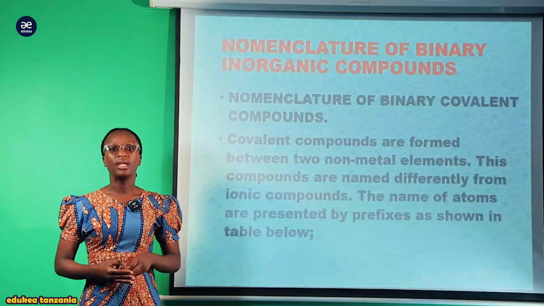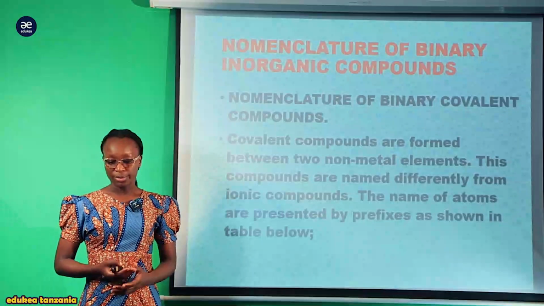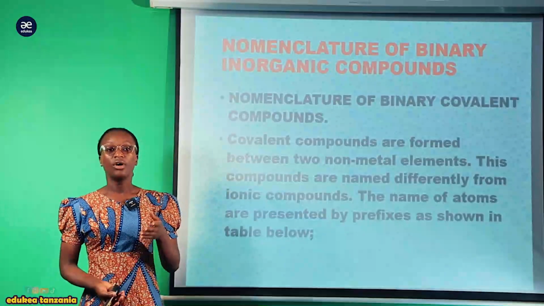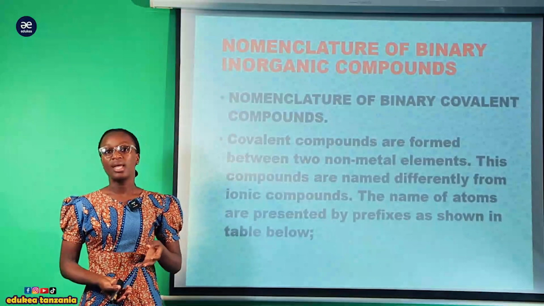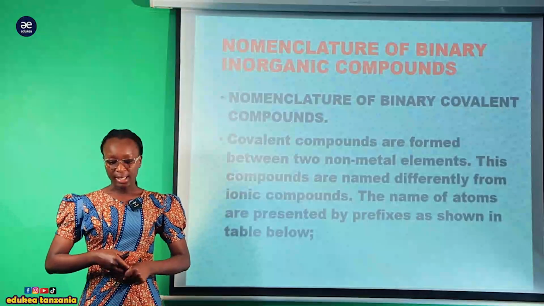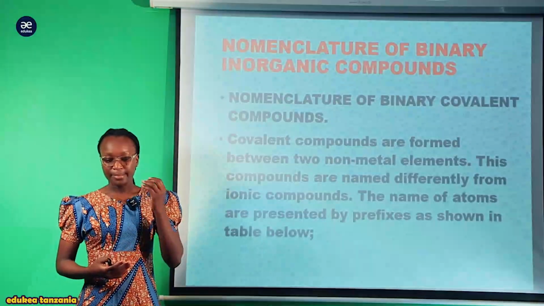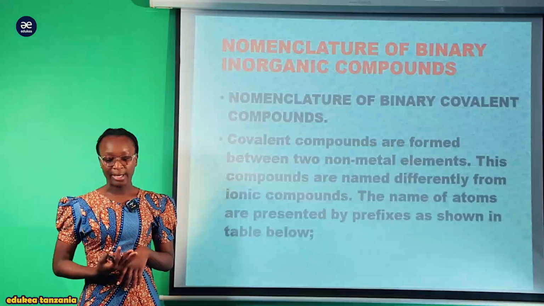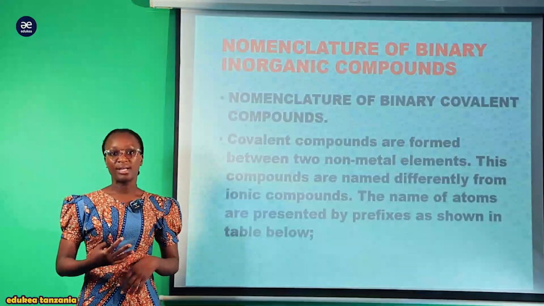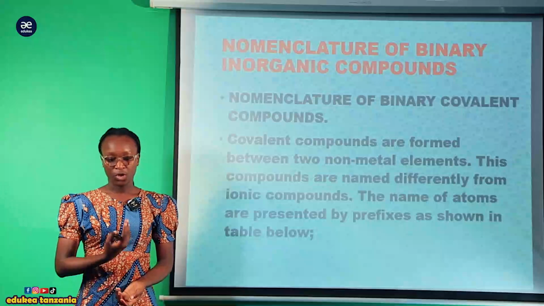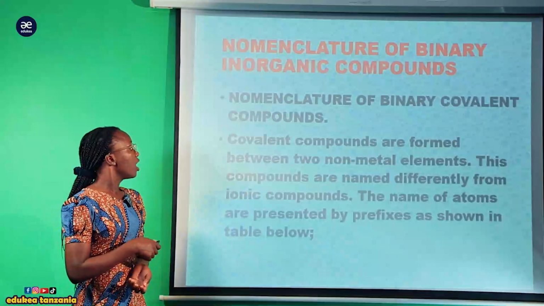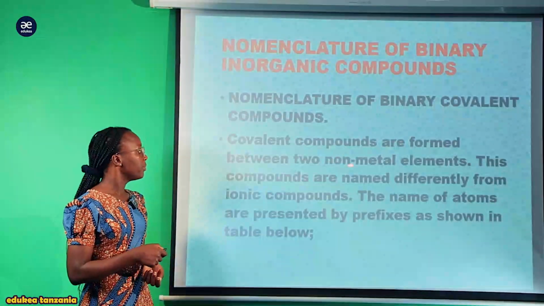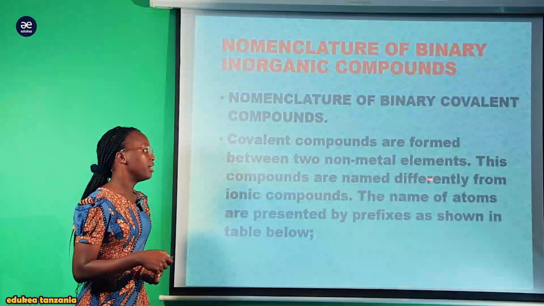In the previous session tuliona kuhusiana na binary compound, tuliona kuhusiana na covalent kwenye series zilizopita, lakini leo tunaenda kuona kwamba hizi binary covalent compound, how do we employ nomenclature to these covalent compounds. Now, welcome. Covalent compounds are formed between two nonmetal elements.